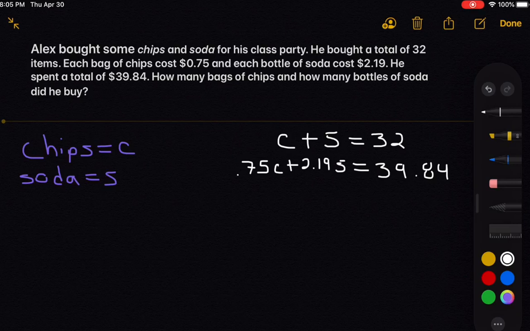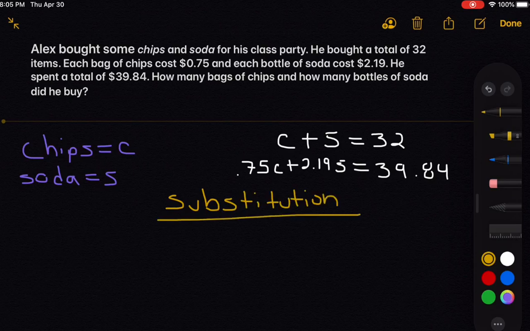Okay, so now that we have our two equations, we're going to solve this problem by using substitution. That's what we're going to use.